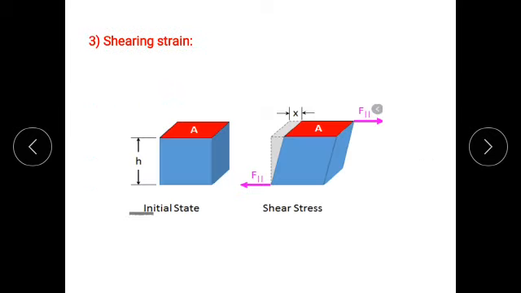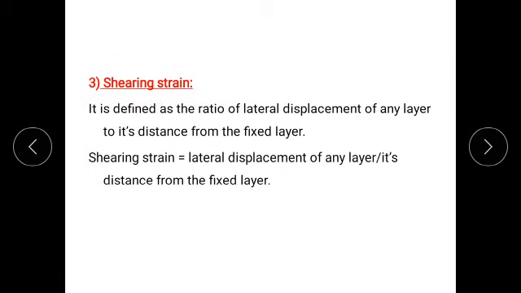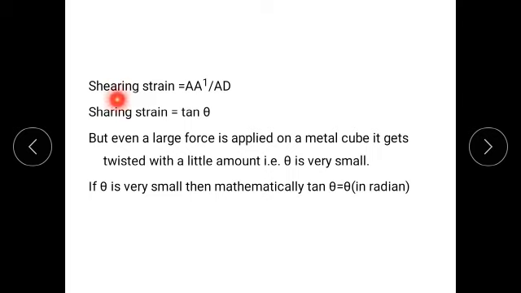And from that, here this is the original side and this is the change in side, and therefore we write the formula: shearing strain is equal to A dash upon AD. This is the new side and this is the original side. From that it is observed that shearing strain is equal to tan theta. But even if a large force is applied on a metal cube, it gets twisted only a little, and therefore at that time theta is very small.